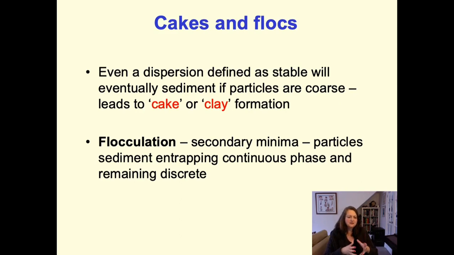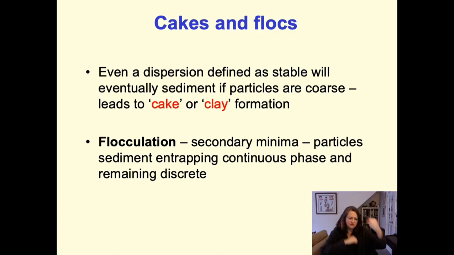Now, a secondary minima situation, or a formulation where we have quite a defined secondary minima, will be okay for our coarse suspension, because if we have the particles associating with each other loosely, that will create flocks.